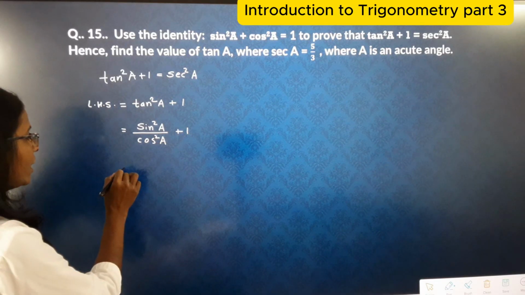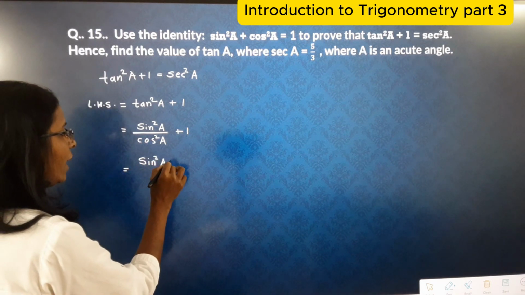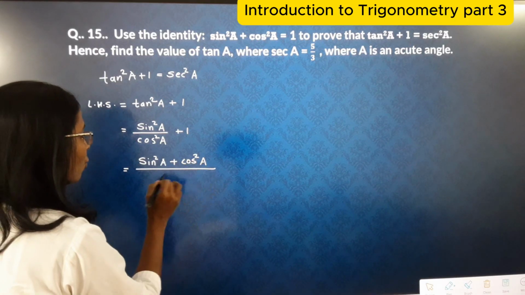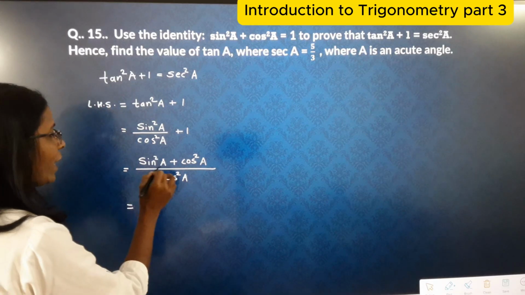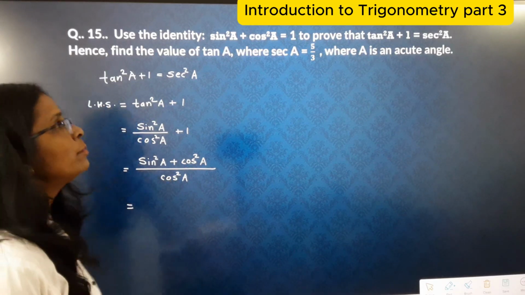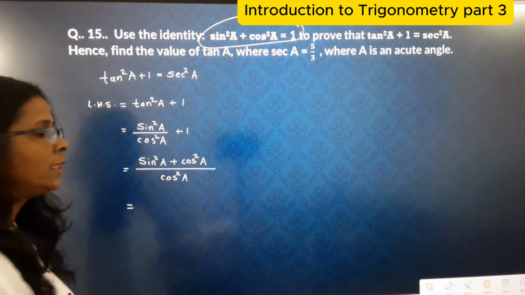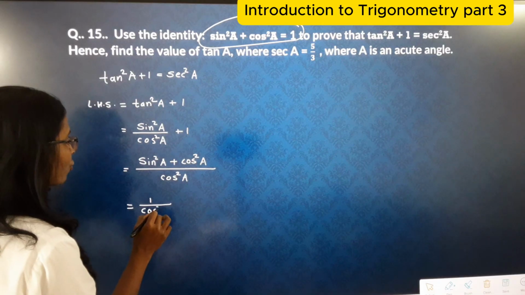Now cross multiplying, sin square a plus cos square a upon cos square a. Here sin square a plus cos square a, that is given as 1, the first identity. So we put this value here: 1 upon cos square a.